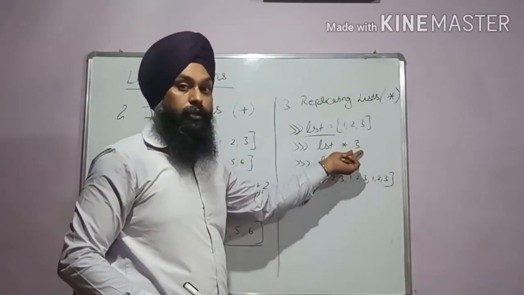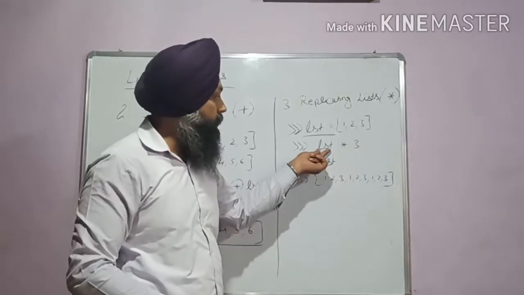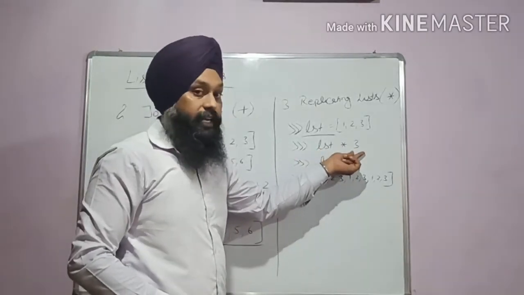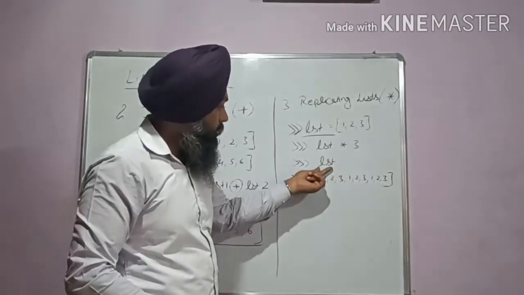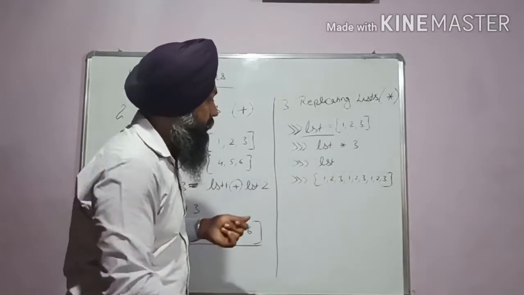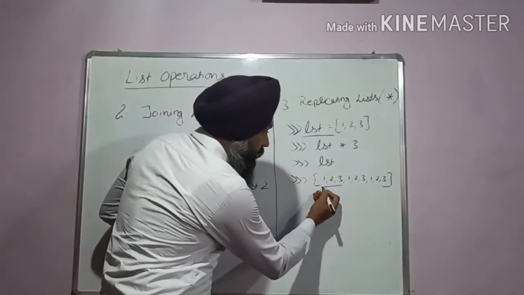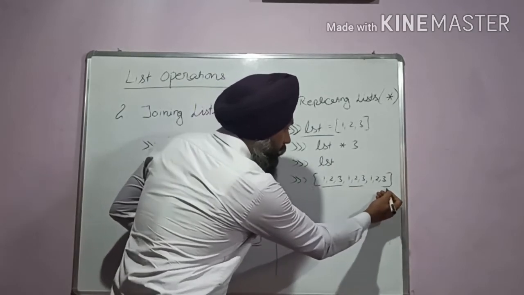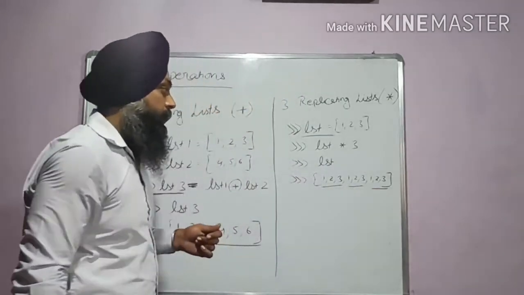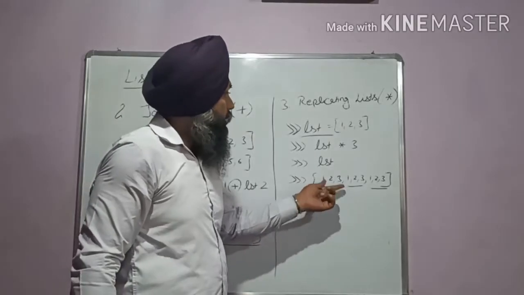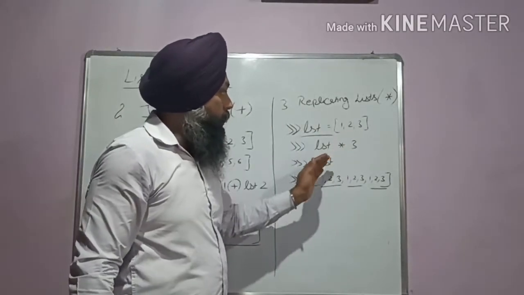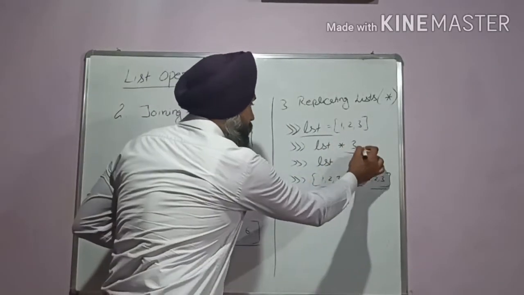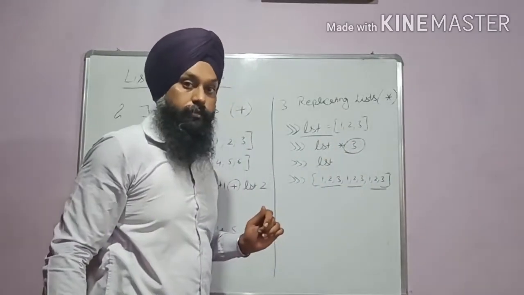It means we are going to repeat the list thrice. So when we try to print this list, we will get the result 1 2 3, again 1 2 3, and again 1 2 3. It means we can repeat the list any specified number of times.